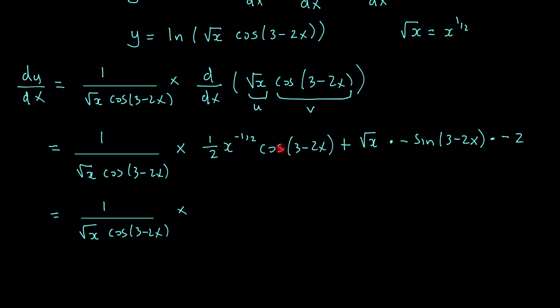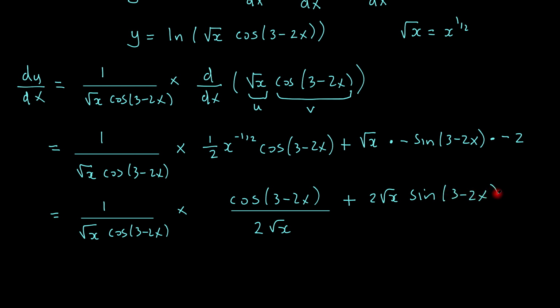So I'm just going to tidy this up a bit. Here I have cos(3 minus 2x) over 2 root x, and plus the minus 2, and the minus will cancel and give me a plus. So I'll have 2 root x sine(3 minus 2x).